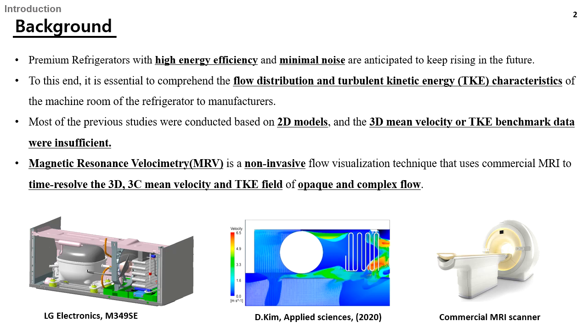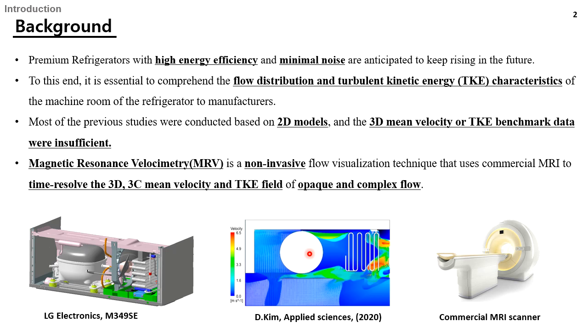So first, let's see the background of our research. Everyone loves a refrigerator that has high energy efficiency and doesn't make much noise, right? To this end, engineers need a comprehensive understanding of the internal flow distribution and decay characteristics in a refrigerator machine room.